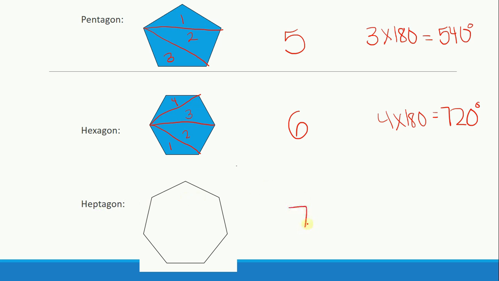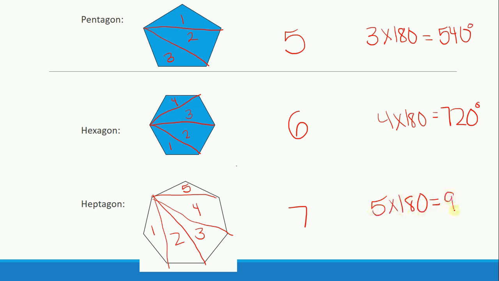That is a 7-sided figure. I can draw in 4 lines, which gives 5 triangles. So 5 times 180, I will get 900 degrees inside of a heptagon.